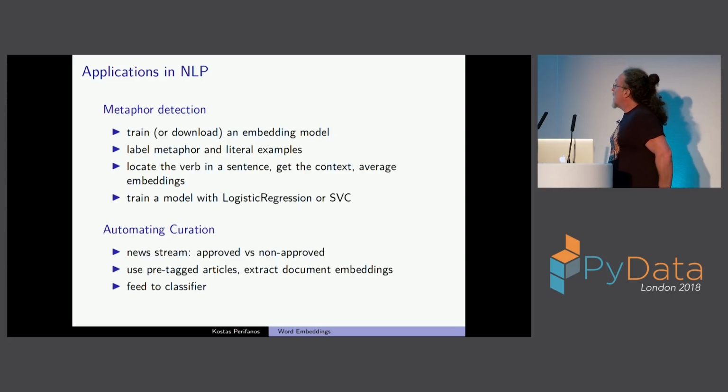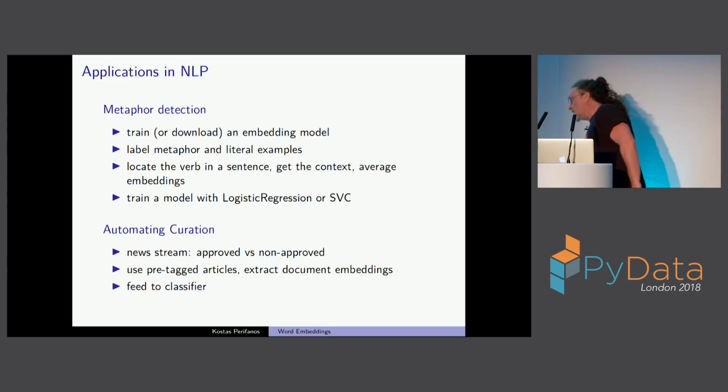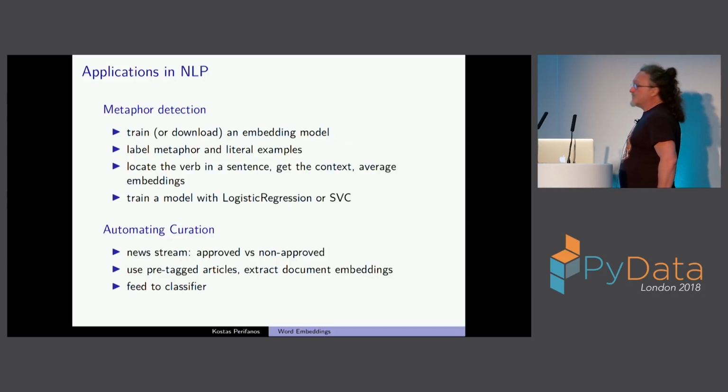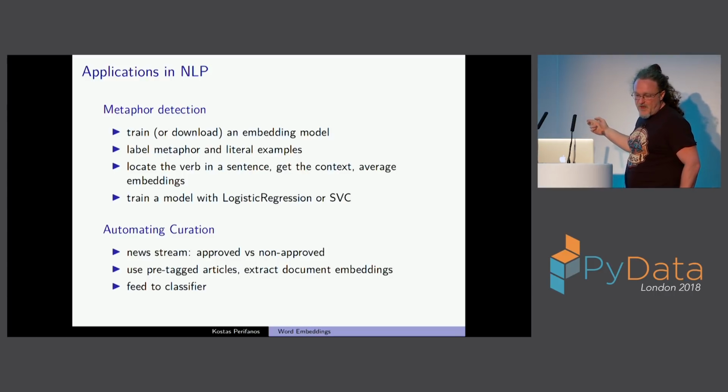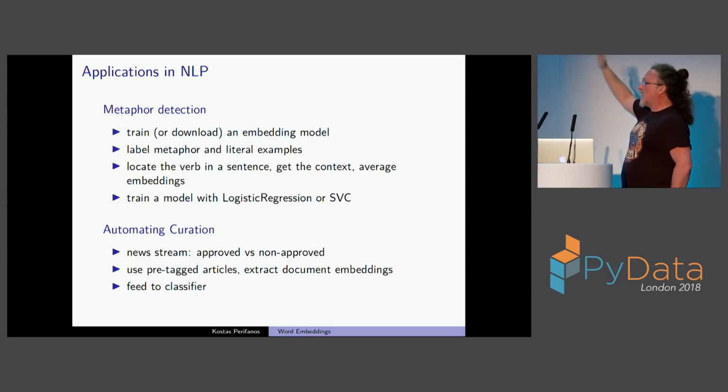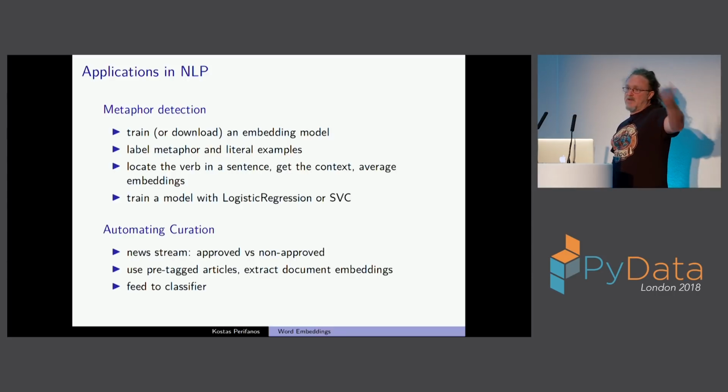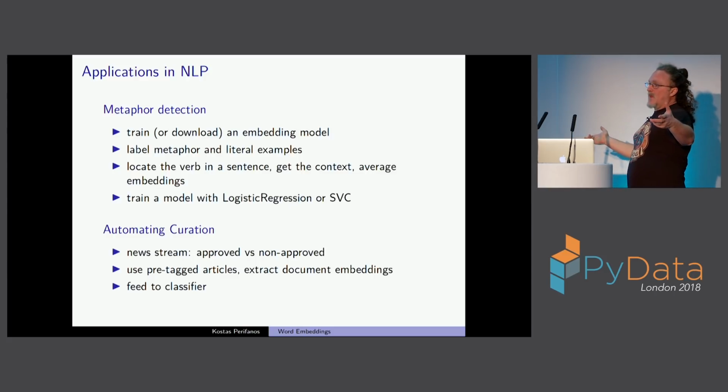Now, applications in NLP. Metaphor detection. There is a paper following up on that. It will be presented at some point in the next couple of weeks, from research we've been doing with some colleagues and friends at the University of Athens. What we've been doing is labeling something like 2,000 sentences, some of them metaphors, with a 50-50 ratio, and the others literal. We train the model on a corpus of Greek text of something like 30 million words.